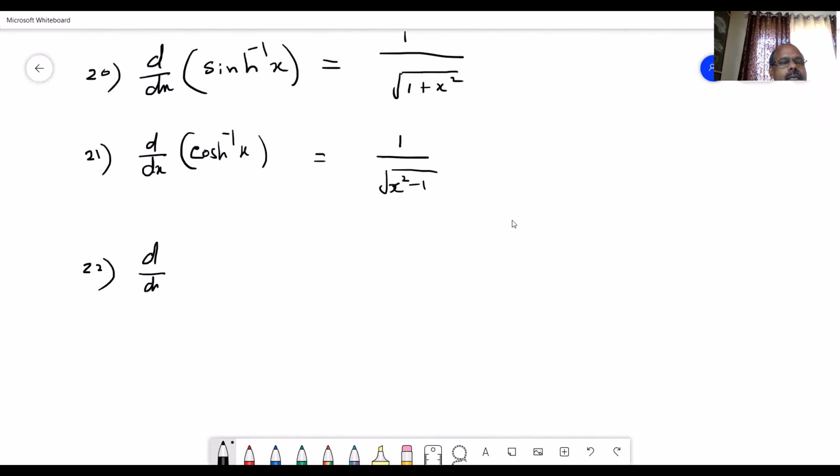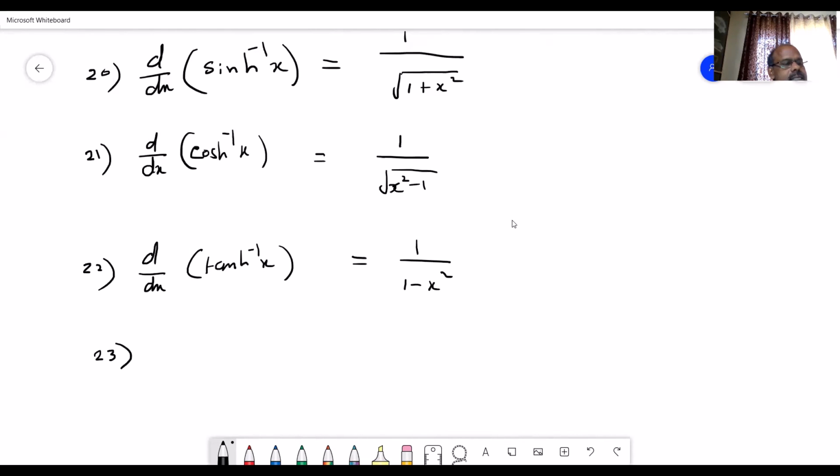Now dy by dx of tan h inverse x is 1 by 1 minus x square. In the normal function, it was 1 by 1 plus x square. Here, 1 by 1 minus x square.